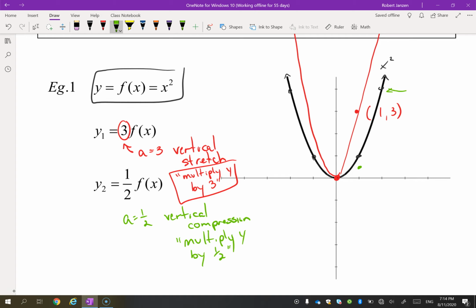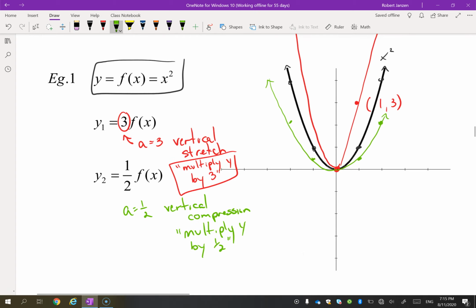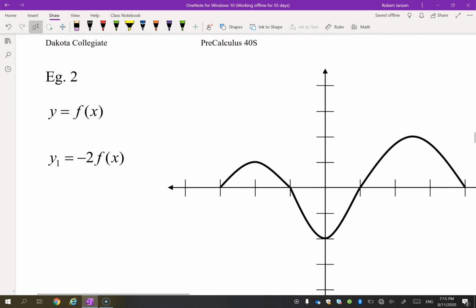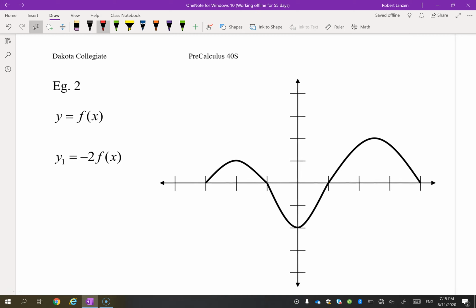If I take this y value and multiply it by a half, it's going to turn out to be here. Same thing for the other side because it's symmetrical. And you can see that while last year we said that the fraction made it wider, really what is happening is it's compressed. So the y value ones I think will be pretty obvious to you. I think this makes sense. They're not really complicated.